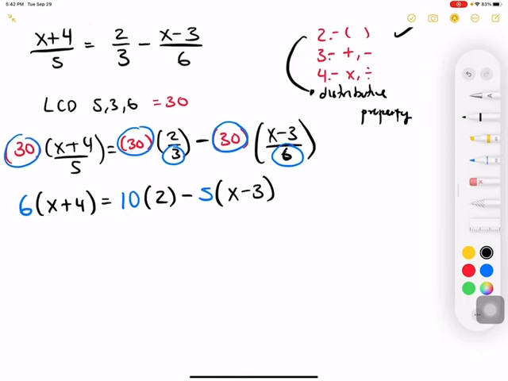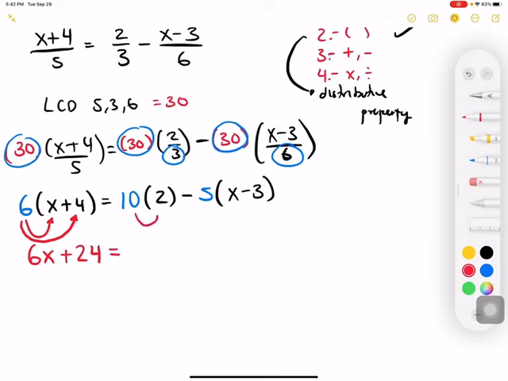Make sure that you include any signs that are outside of the parentheses as well. So let's do the distributive property for the first parenthesis: 6 times x, and also 6 times positive 4. Positive 6 times positive 4 is 24. And we're good.